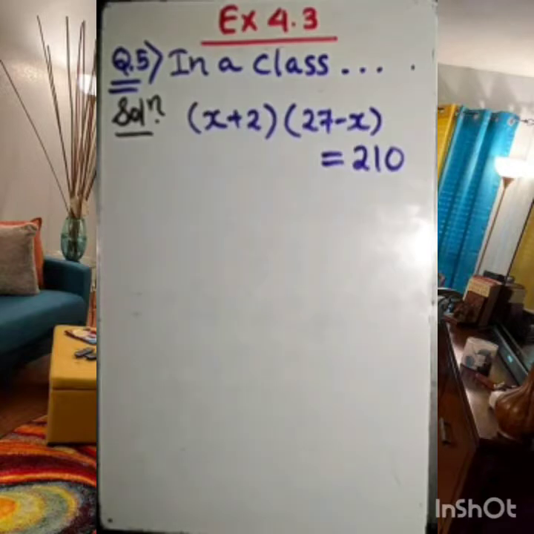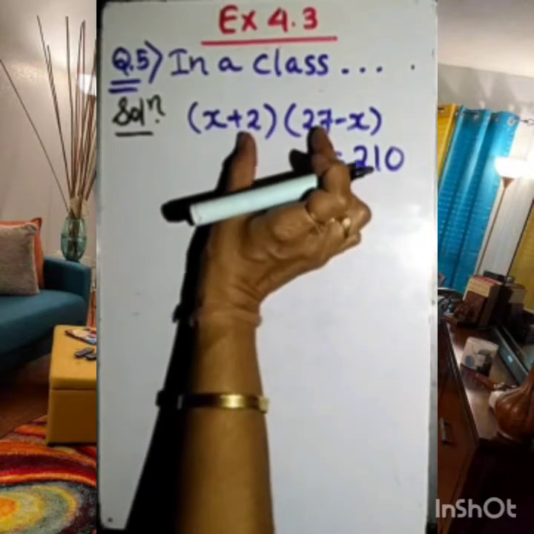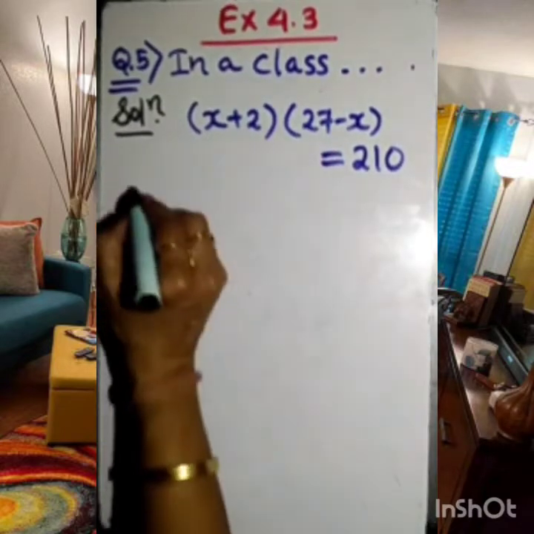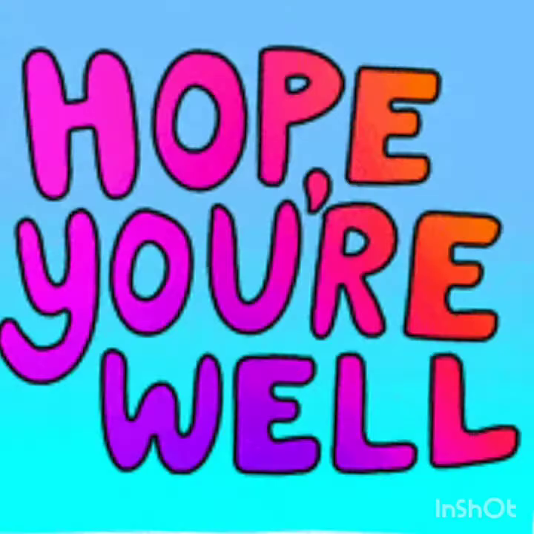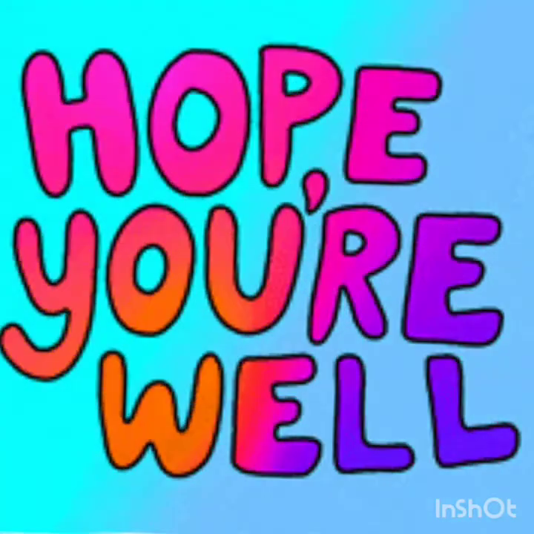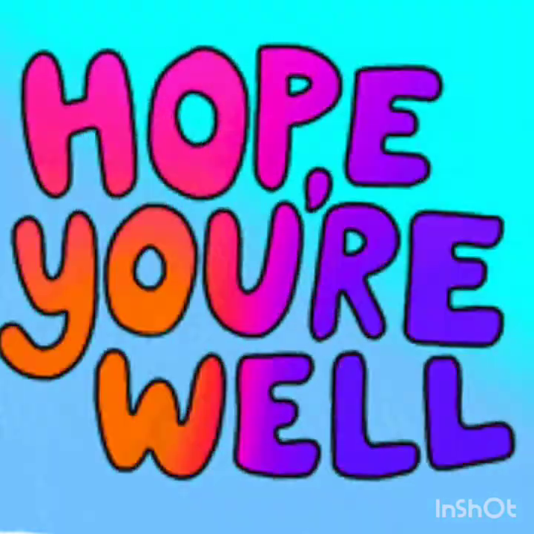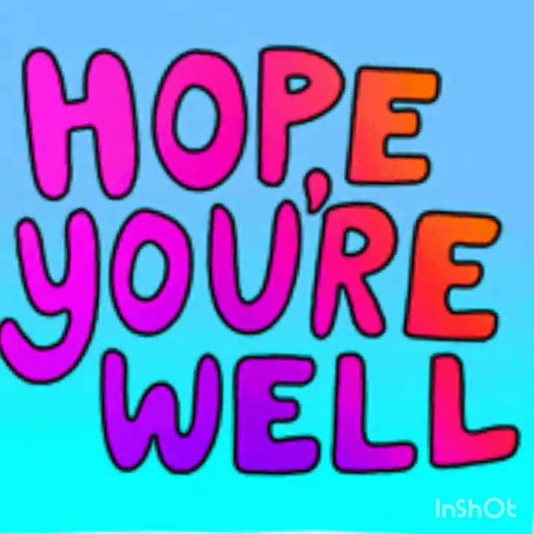So my dear student, here we have the equation in this form now. X plus 2 multiplied by 27 minus X is equal to 210, the product of their marks in Maths and in English. Therefore, X into (27 minus X), plus 2 into (27 minus X), is equal to 210.